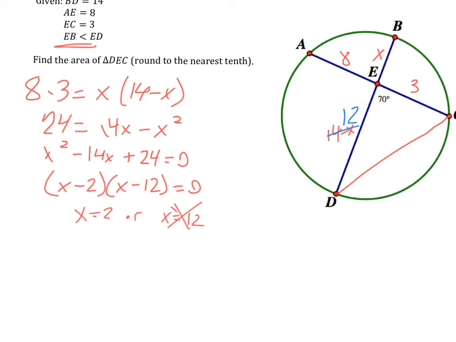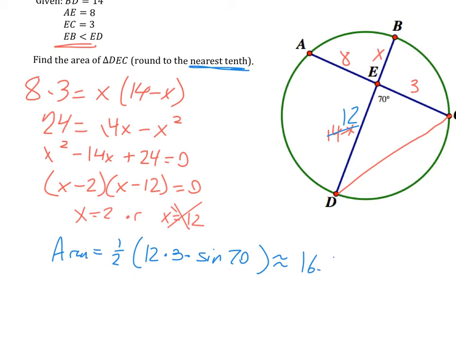So I can use my approximate area because it says round to the nearest tenth. That's permission to use these approximate formulas. So the area equals 1/2, because it's a triangle, 12 times 3 times the sine of 70. And that's going to be approximately 16.9 units squared.